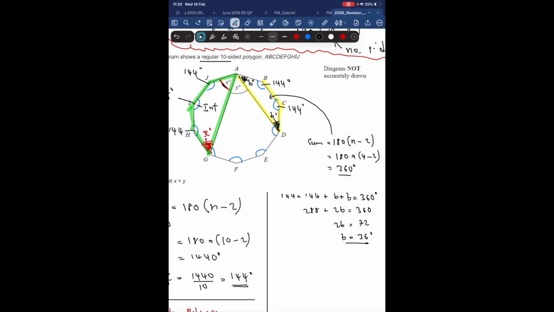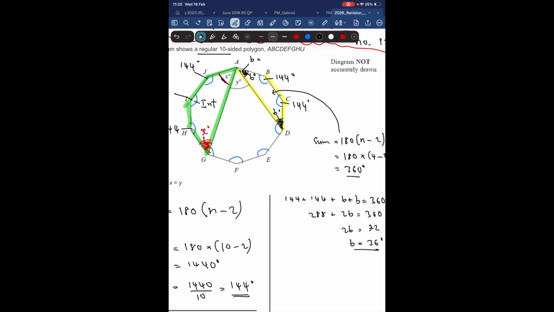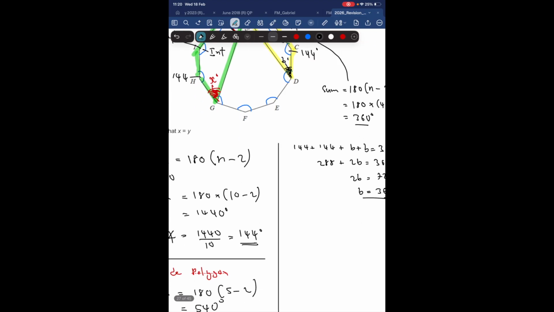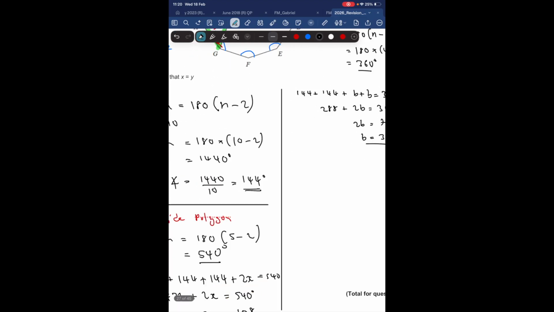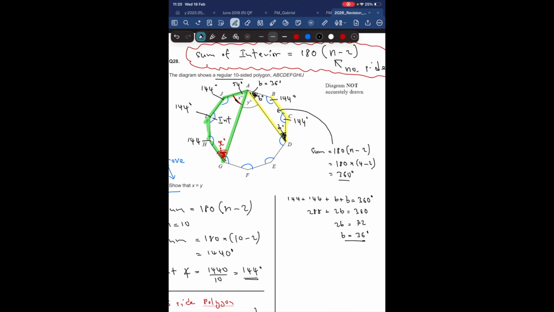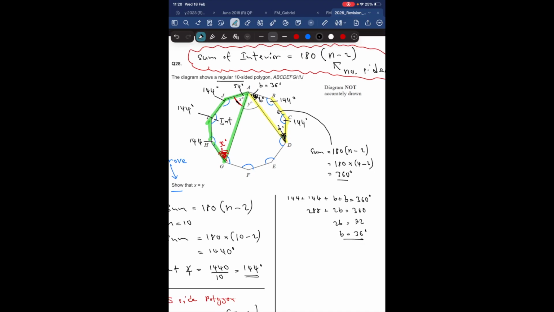And we're nearly there in terms of calculating the value for y. So we know that b must be equal to 36 degrees. We also know up here that we've calculated that x is equal to 54 degrees from the previous bit of working.